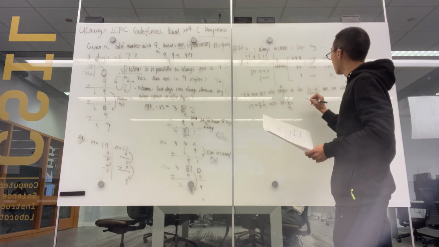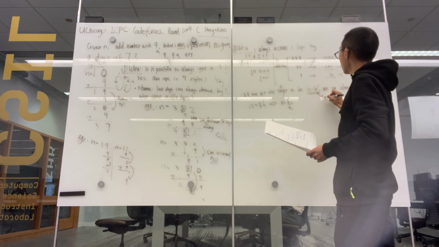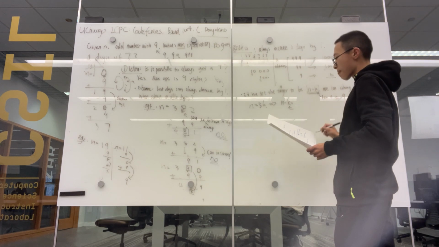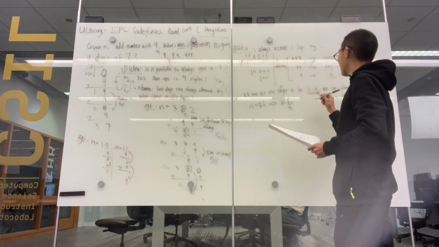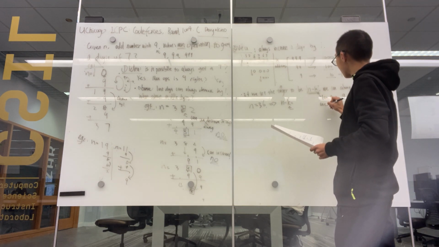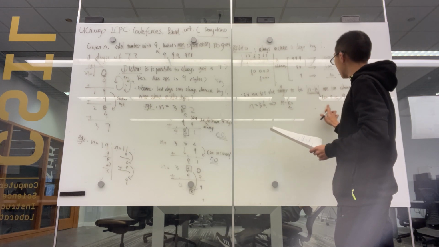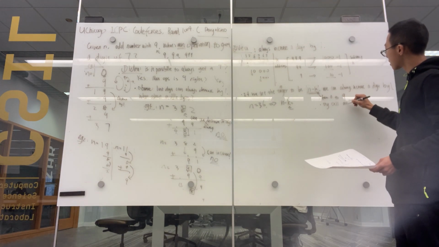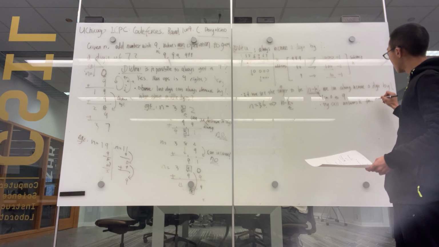So k is just from 0 to 9. Then we can try all the answers k, starting from 0.